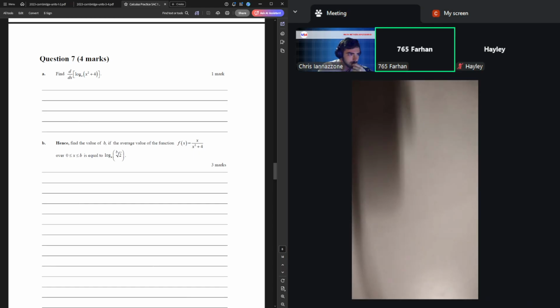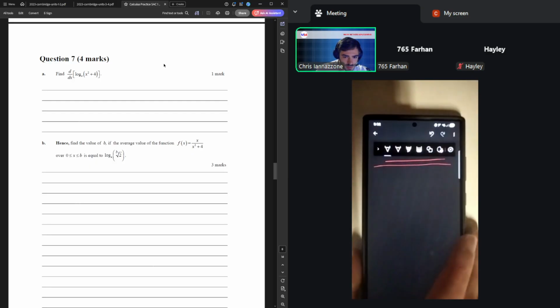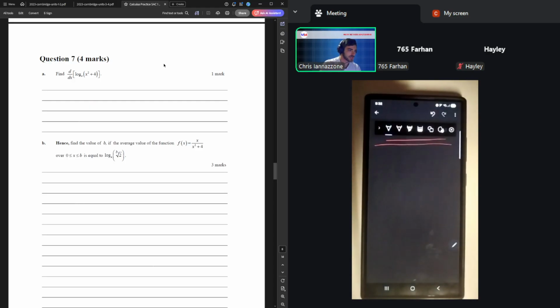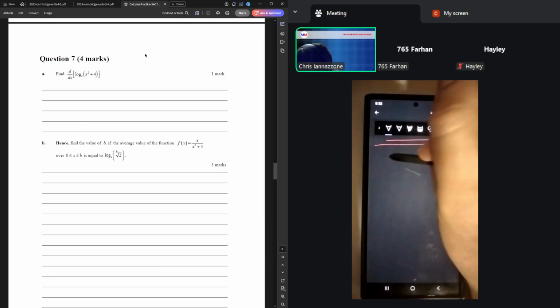I'm assuming the diff was fine for you, but let's just get that going because I'm assuming we'll need it. Okay, diff of this is going to be chain rule. Why? Because we got a composite function, right? It's not just natural log of x there. So let's get our chain rule going.